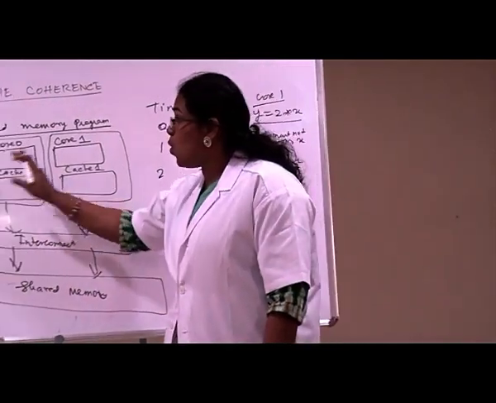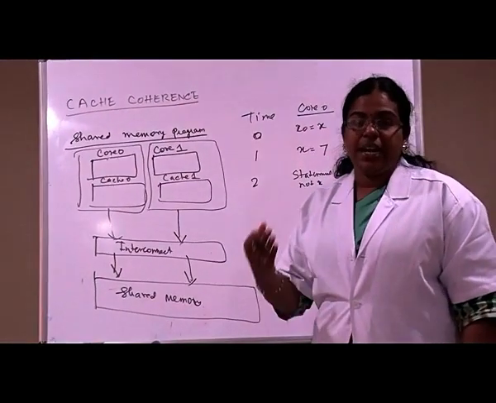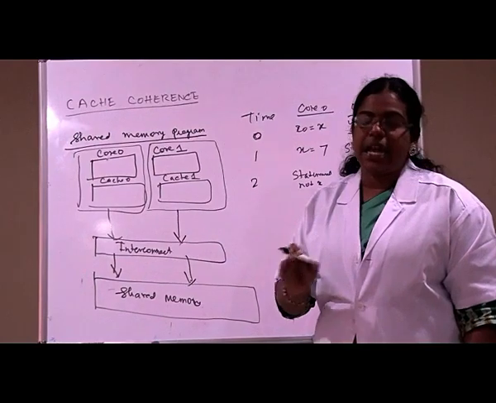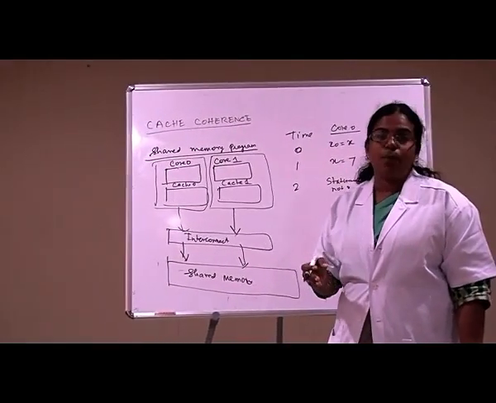Even though these two cores have their own private cache, if they are only reading the shared data, there will not be any problem. If they try to write that shared data, then the problem arises.